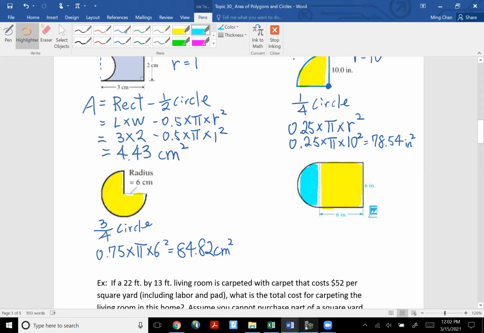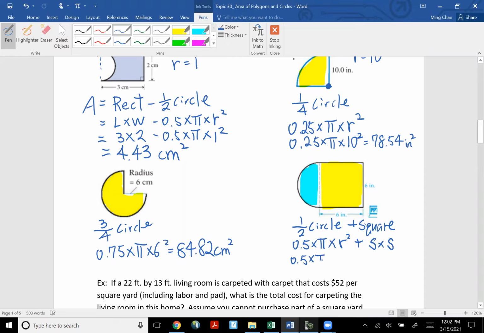But this time, all we have to do is write out that I need to find the area of a half circle plus the area of a square. So that would be 0.5 times the pi key times radius squared for the half circle, plus the area of a square, side times side.